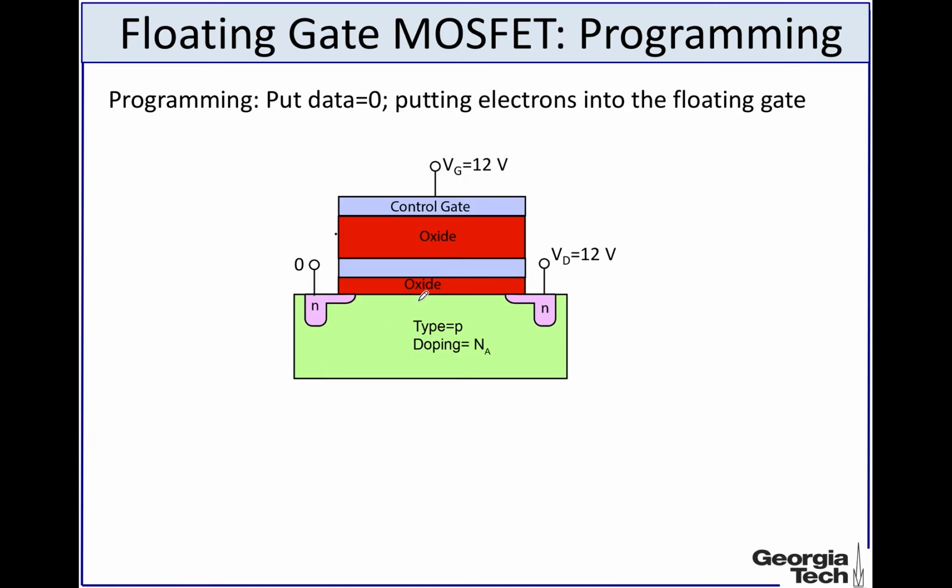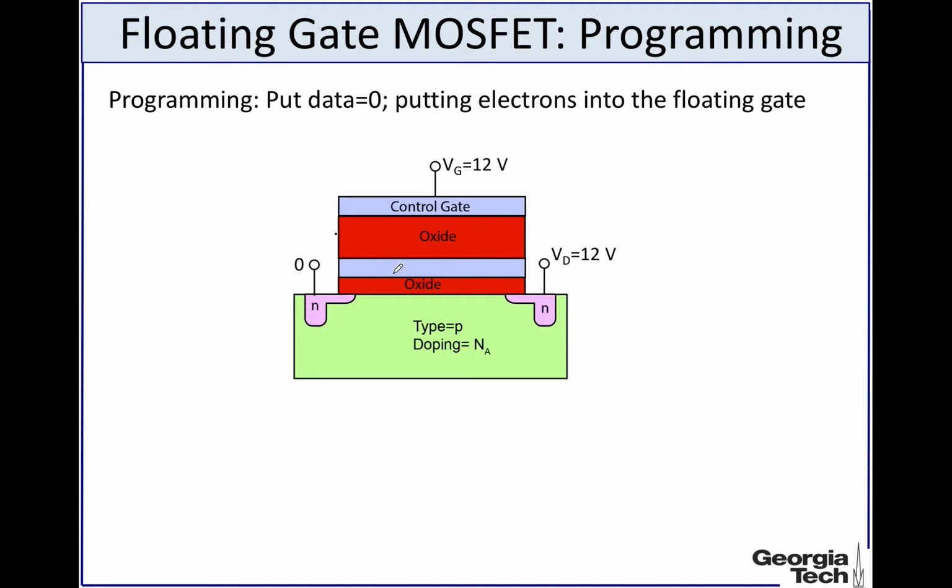Now there are many complicated reasons as to why the programming happens the way I'm going to describe now, but we'll just give you a very brief overview of the programming. Again, programming means that you will put a data 0 into this floating gate MOSFET. So essentially you will put some electrons in this floating gate.